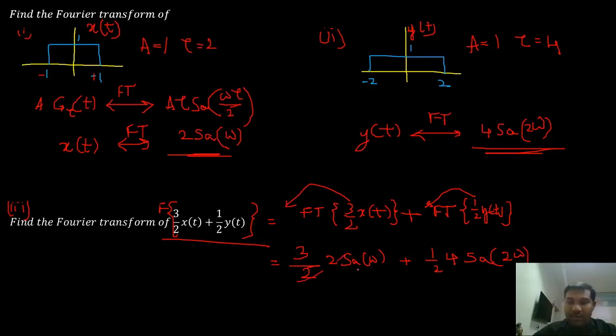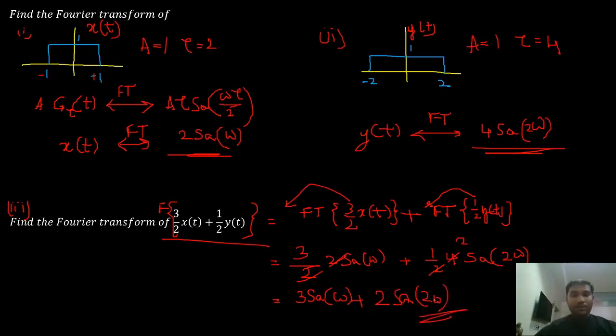So 2 gets cancelled. Here 2 and 4 get cancelled. So my final answer is going to be 3 Sa of omega plus 2 Sa of 2 omega. So this is my final answer.